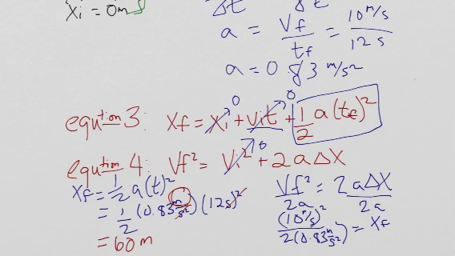If we rearrange this equation, X final is going to be V final squared divided by 2 times acceleration in the X. Let's work this out. I've input my numbers, and let's see if we come up with the same answer. Doing it this way, my answer comes up to 60.24, also rounded to 60 meters.